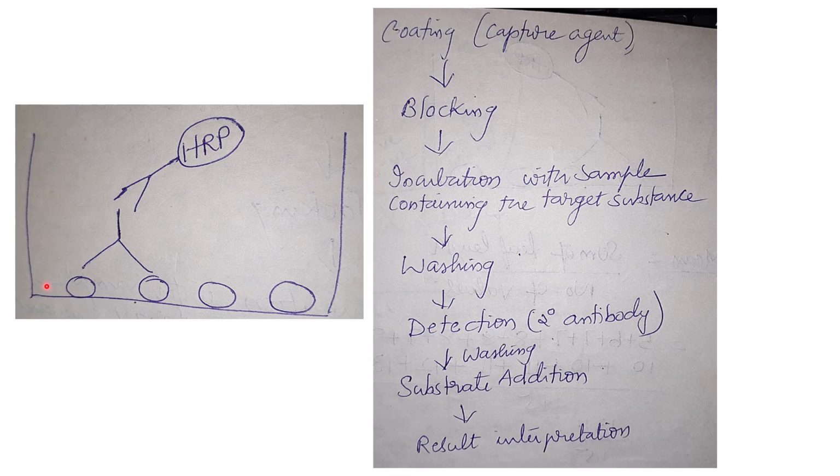In order to prevent that, BSA is usually added as a blocking agent. It will go and bind in these free sites and prevent these unwanted substances from binding there. If you do not block, it can affect your interpretation of the result as well as give inaccurate results.